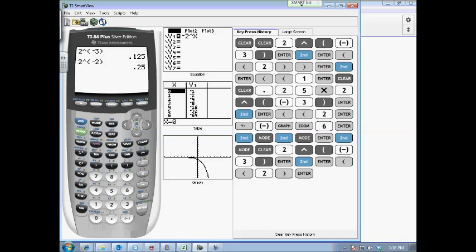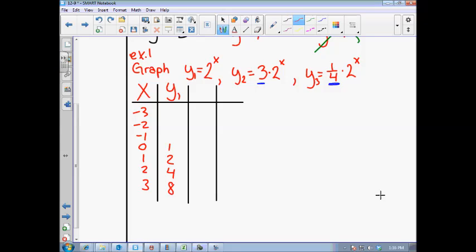So again, we do second enter and type right over it to a -1. Okay, and fill them in on your chart. I can only see one screen at a time, so I'm going to need some help getting these. What did we get with -3? 0.125, -2, 0.25, and -1, 0.5. Thank you.